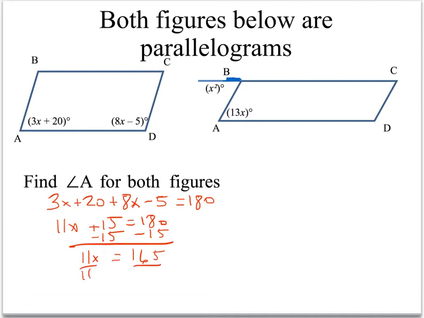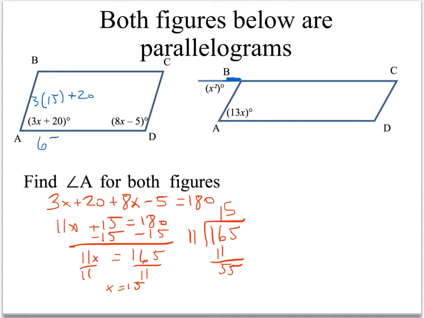Divide both sides by 11 to get our x value. So we'll take 165 divided by 11, that goes in there once, 55 left over, so 15 is going to be our x value. And of course, when I plug that in for angle A, I'm simply going to take 3 times 15 plus 20, which is 45 plus 20, 65 degrees for our first answer.